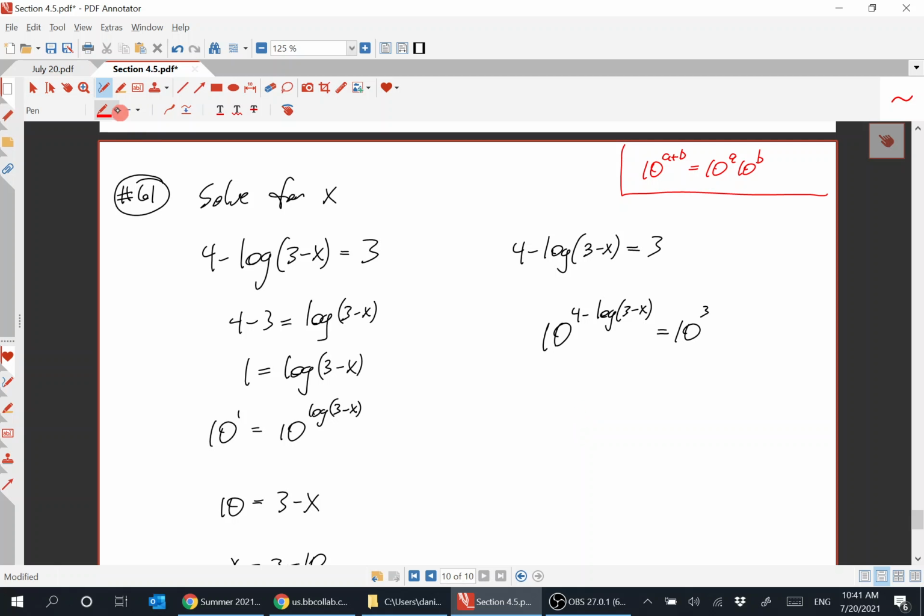If you're going to take that approach, you have to use this. So this becomes 10 to the 4th times 10 to the negative log of 3 minus x equals 10 to the third.